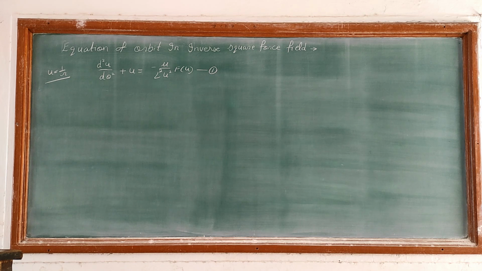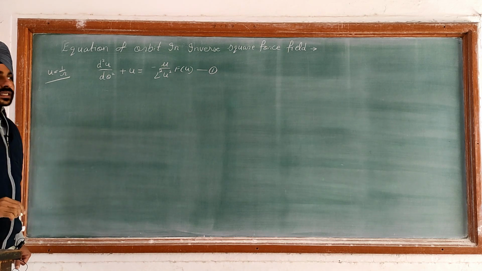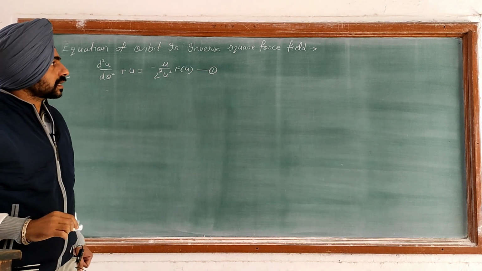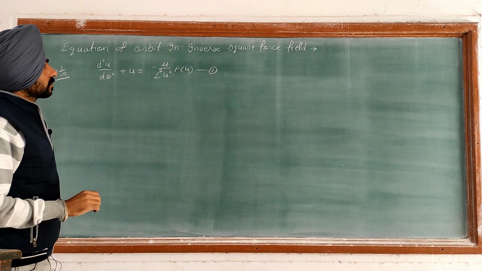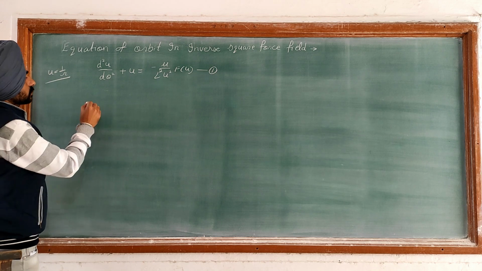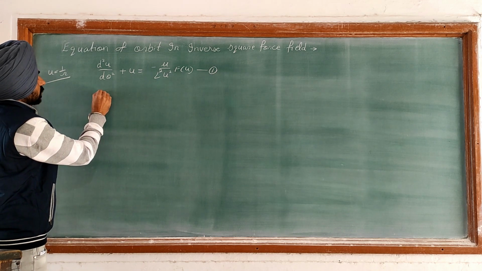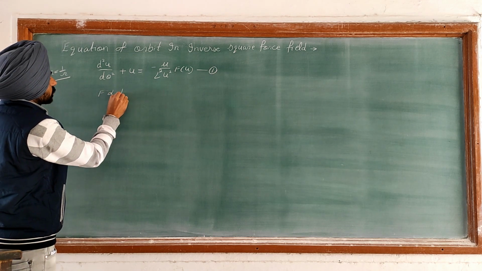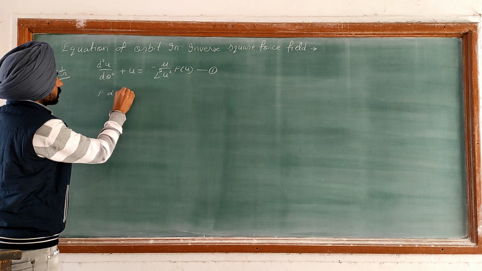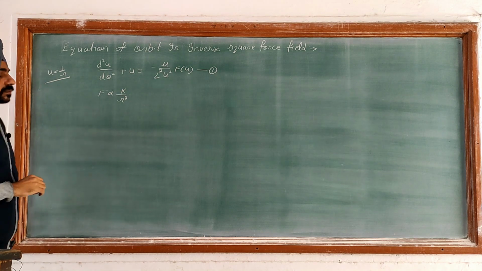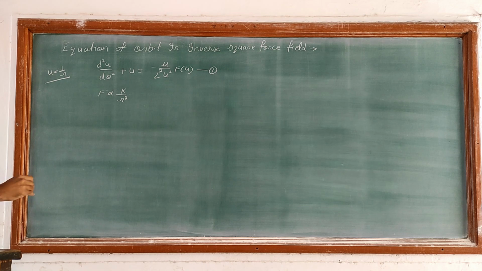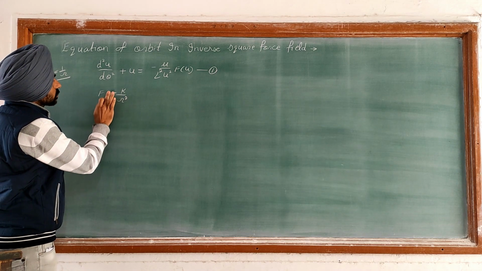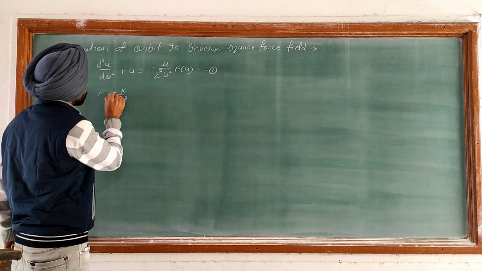Since the gravitational force and electrostatic force between two opposite charges is an inverse square force because it follows inverse square law, that is, force is directly proportional to 1 upon r square. So we consider F is directly proportional to minus k upon r square, where k is the constant of proportionality.